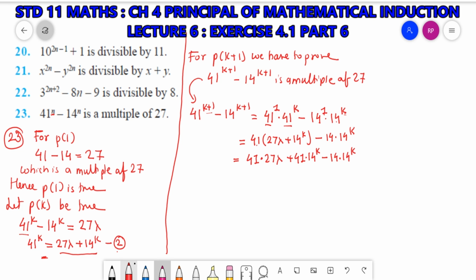Now see here, you can take 14 raised to k and 14 raised to k common.